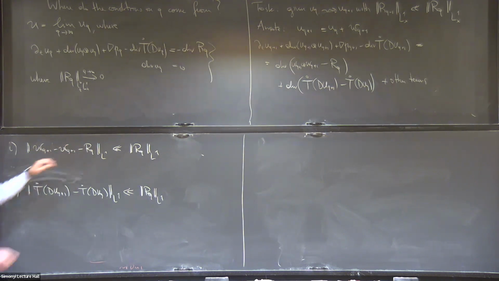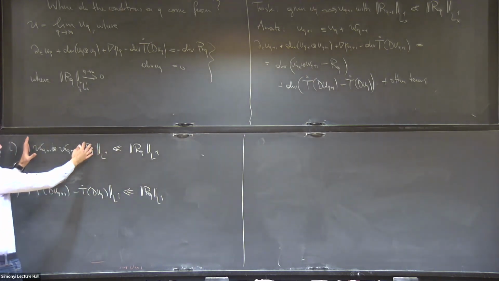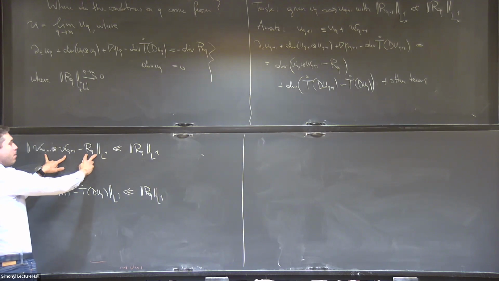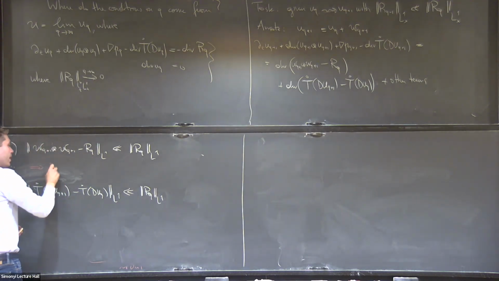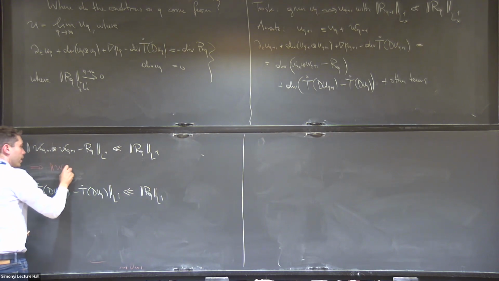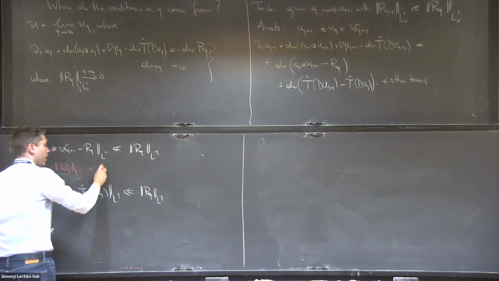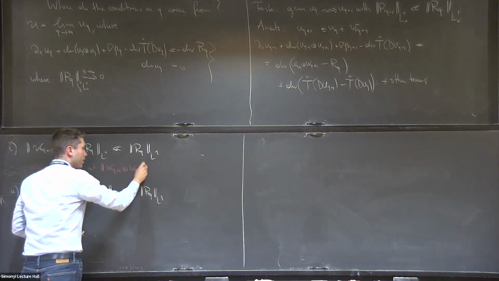And now, what can we deduce from these two inequalities? From the first one, this is a tensor product. If this has to be much smaller than this, it has to be very small. So it means that this W tensor W has to be essentially of the same order as R. This is the first condition that we get here. So we get that W tensor W, let's say R_q in L1, has to be of the same order as W tensor W in L1.